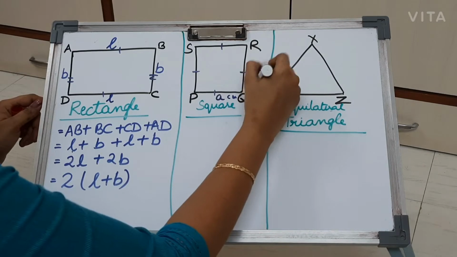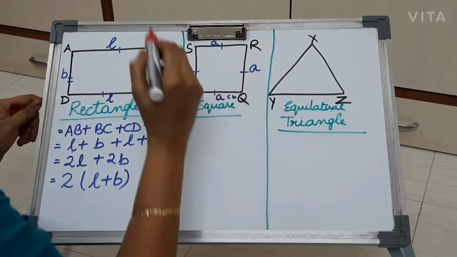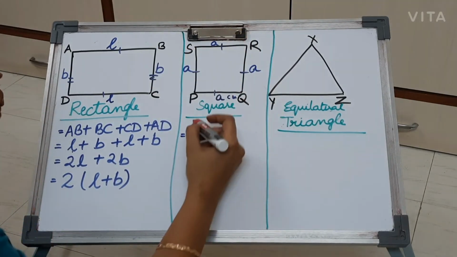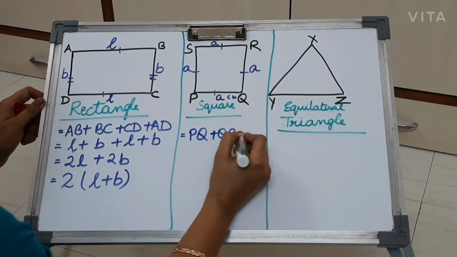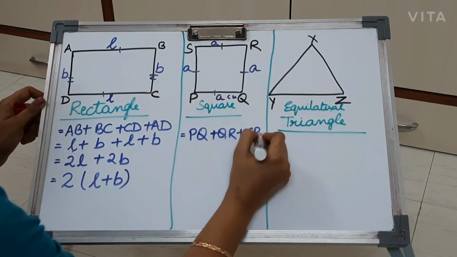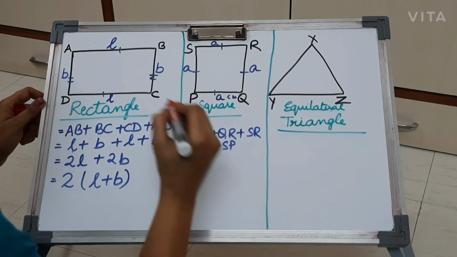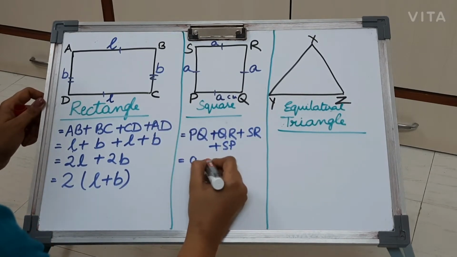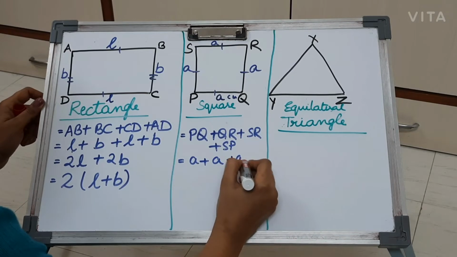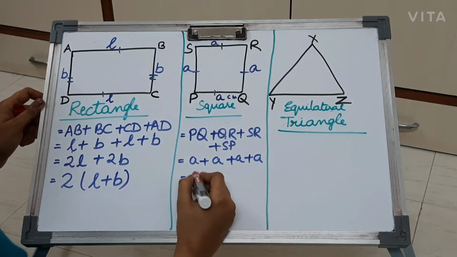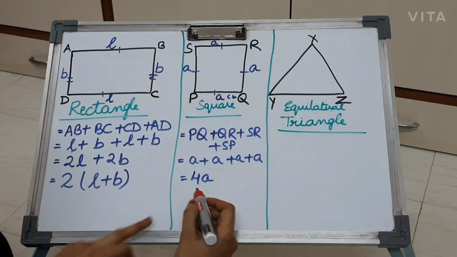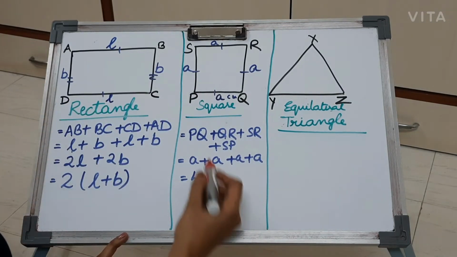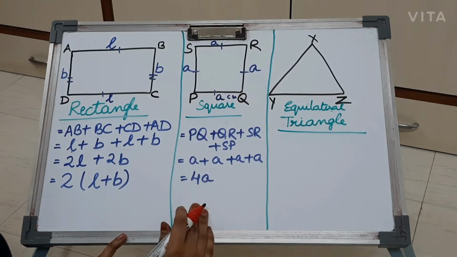So all the other sides will also be A. So the perimeter of the square, how will we take it out? We add PQ plus QR plus SR plus SP. All are A, so A plus A plus A plus A is equal to 4 times A. So the perimeter of a square means 4 multiplied by the side.